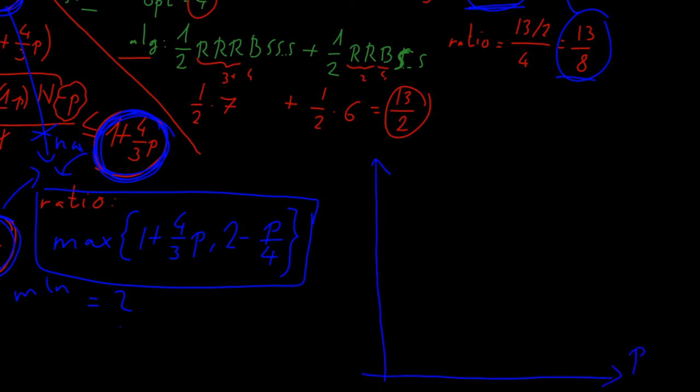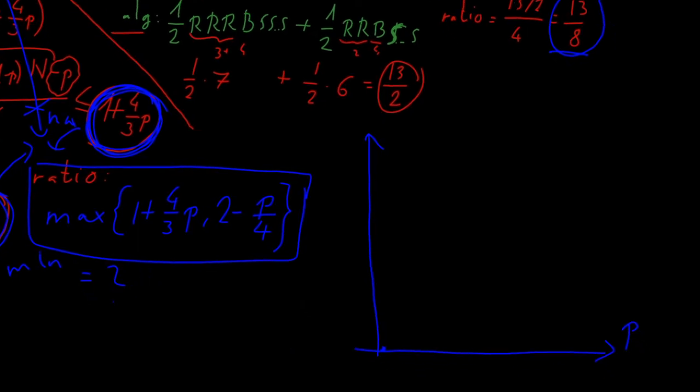Here is P equals 0, and here is P equals 1. Then we have this 1 plus 4/3 P. At 1 it will take a value slightly above 2. So this line here is 1 plus 4/3 P.